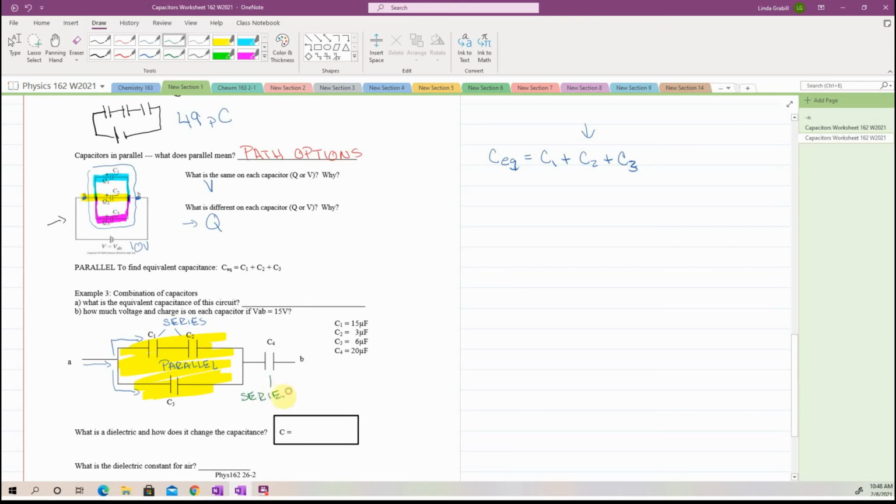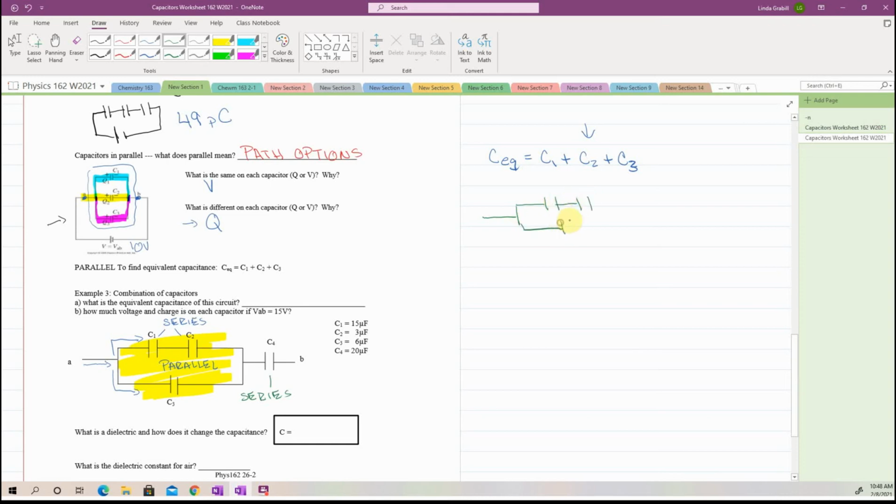So this is what I was alluding to when we first started talking about capacitors: it's going to be really important to be methodical with how you're doing things. So if I want to figure out the charge and potential drop across each, I can keep things straight. What I always tell people to do is to start off with the actual circuit that you have.